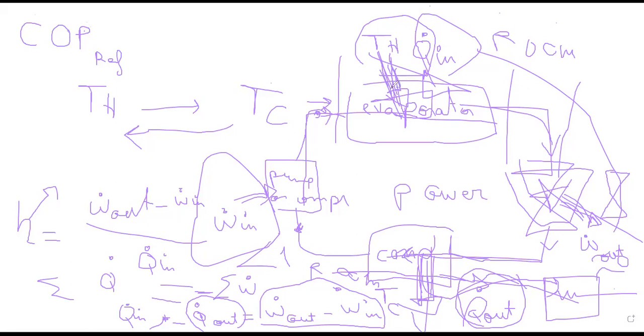So I will put it on the side of my evaporator, and what I care for is Q dot in. This is my useful heat, because I want to extract Q dot in from the room to give it to the fluid. So COP refrigeration is Q dot in, which is the useful heat here, over my input. And my input is the electrical work that I put on my HVAC system, so it's W dot electric.